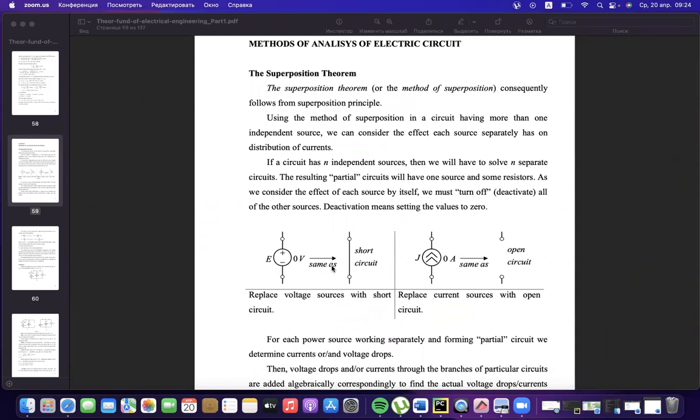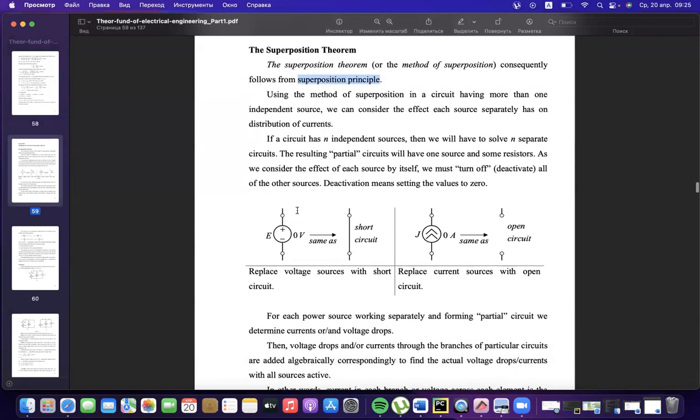The general background, the general idea: we are using the superposition principle, just adding the partial actions of our sources. When we disconnect some source, the ideal voltage source could be substituted as a short circle, just a single wire with zero resistance.